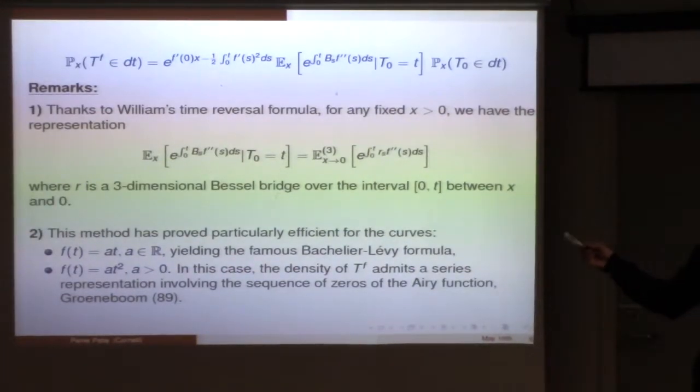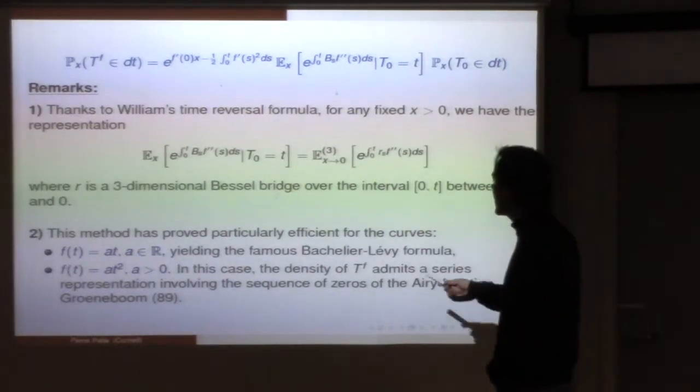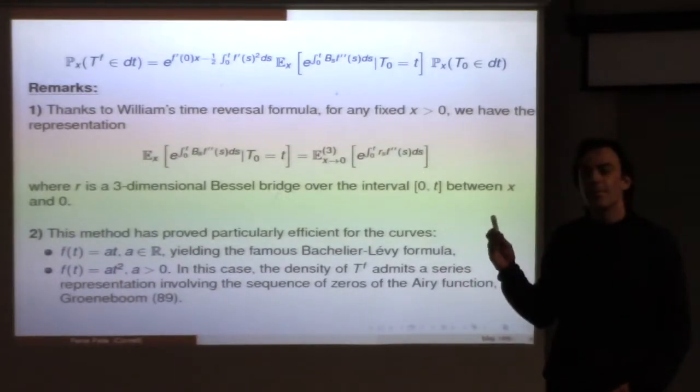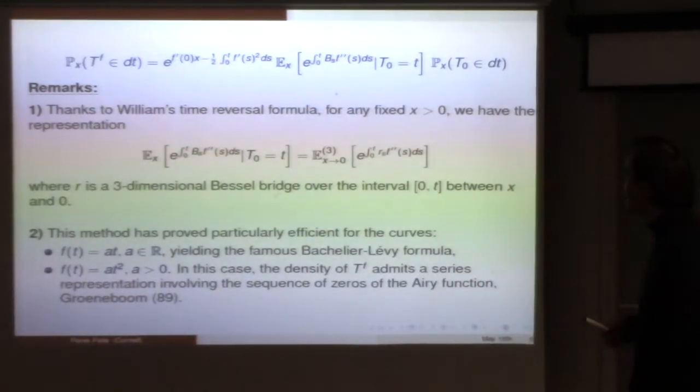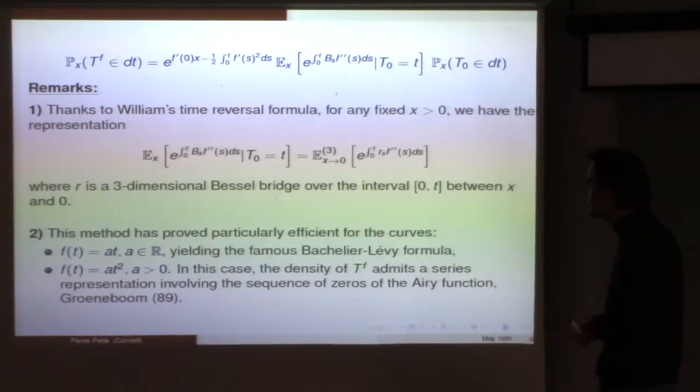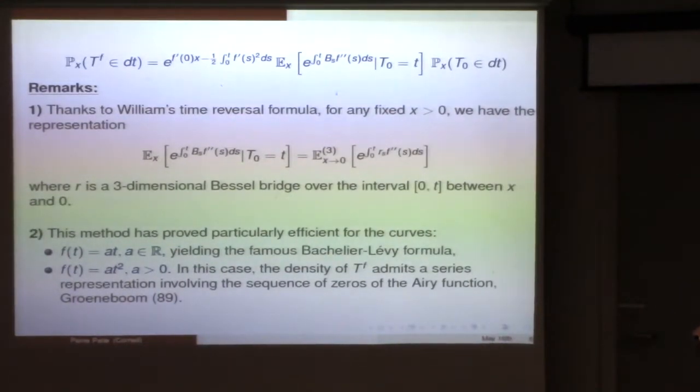This problem dates back to 1900. Bachelier in his thesis derived the first passage time of Brownian motion to a fixed level. So this problem is pretty old. Concerning the quadratic curve, it is due to Groeneboom. The density of this first passage time can be expressed as a series representation which involves the zeros of the so-called Airy function. I will come back to that later.